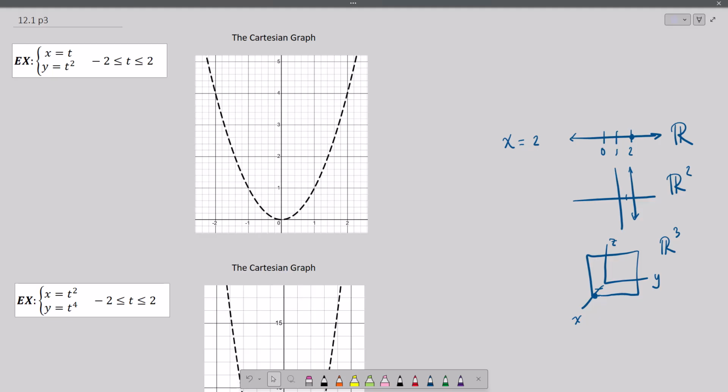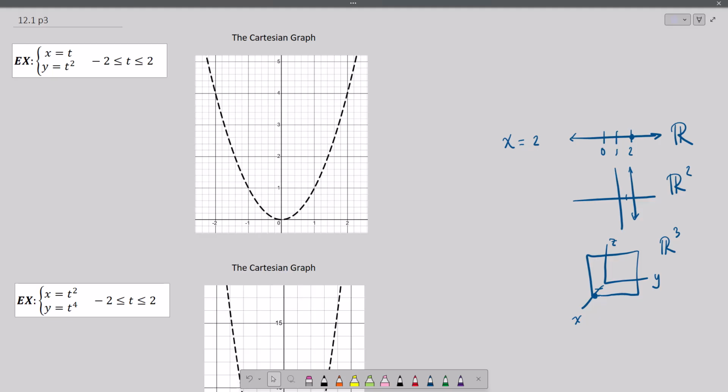Now, if we wanted to graph a surface in 3-dimensional space, that's also obvious in parametric because there would be 2 independent variables. So here we have 1 independent variable. X depends on just t. Y depends on just t. If there's only 1 independent variable, you are dealing with a curve. Could be in 2 space, could be in 3 space, could be in 4 space, which we can't visualize.